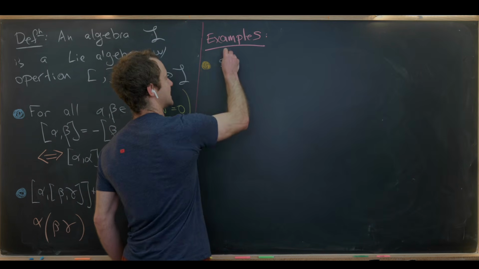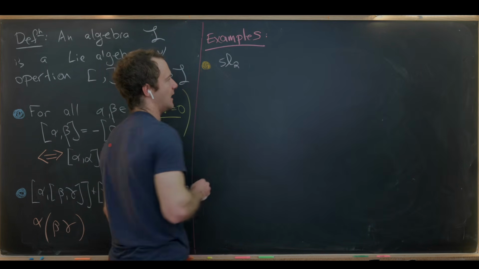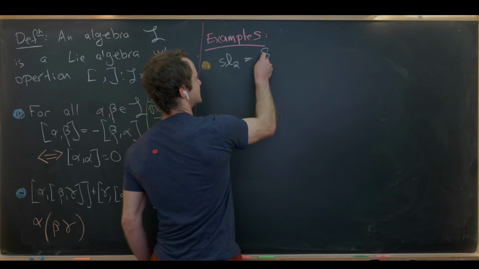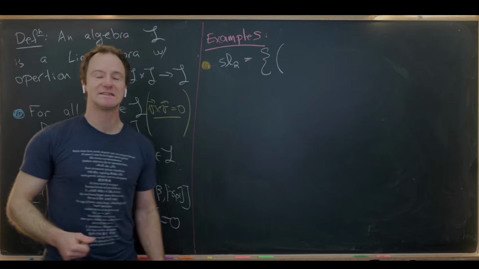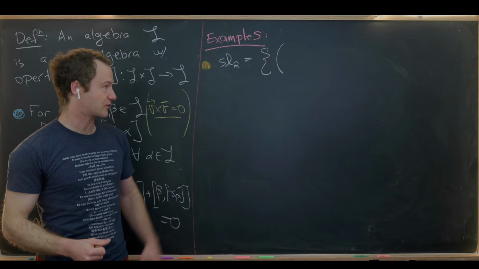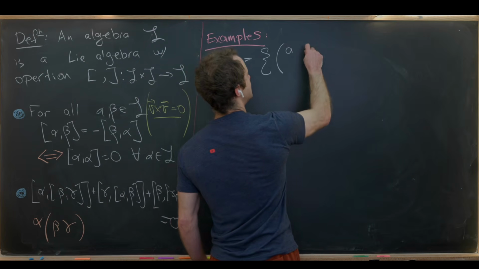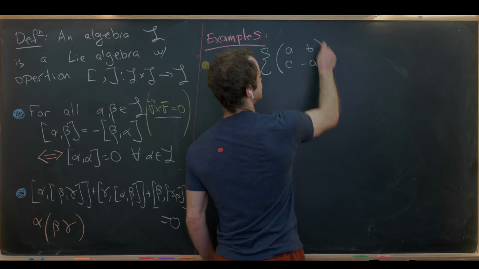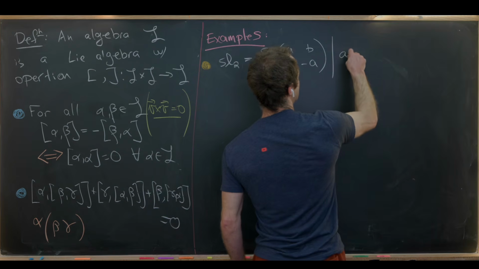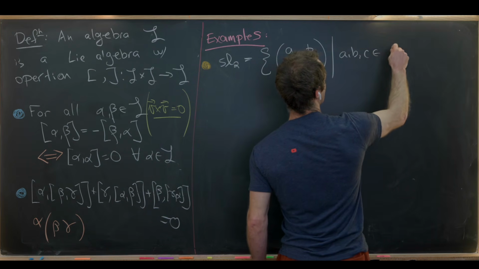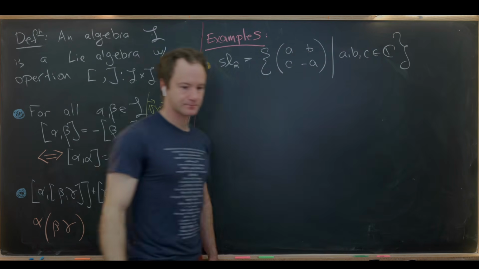Technically it's not this, but it can be represented as matrices this way. So we've got A, B, C, minus A, where A, B, and C are complex numbers.